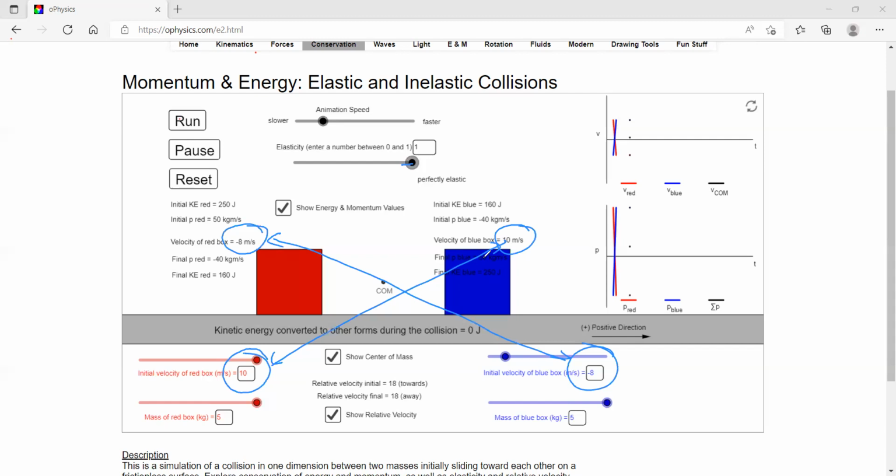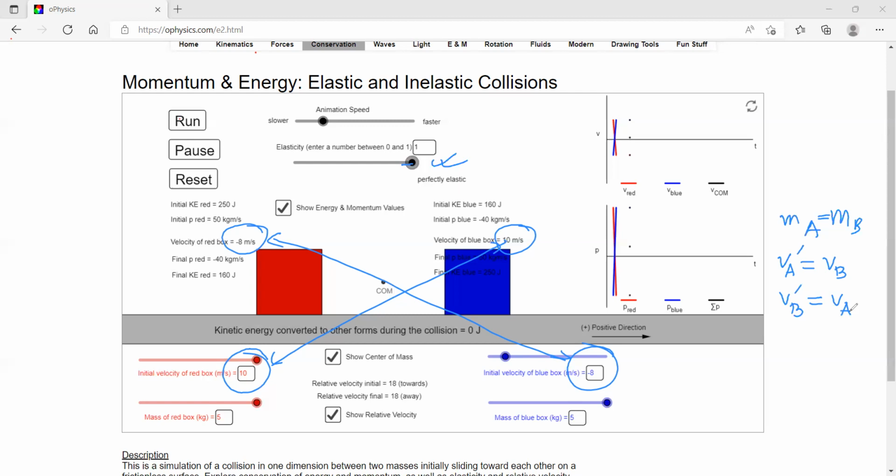Okay, so this can only happen when the masses of these two boxes are the same. If masses ma and mb are the same, and if the collision is elastic, then va prime, that means after the collision the velocity of a, will be equal to the initial velocity of b, and the velocity of b after the collision will be equal to the initial velocity of a.